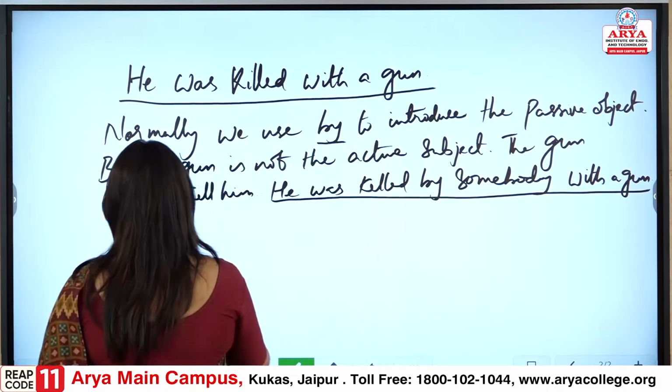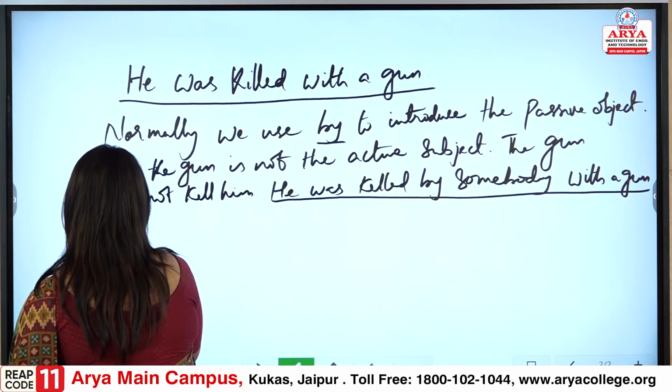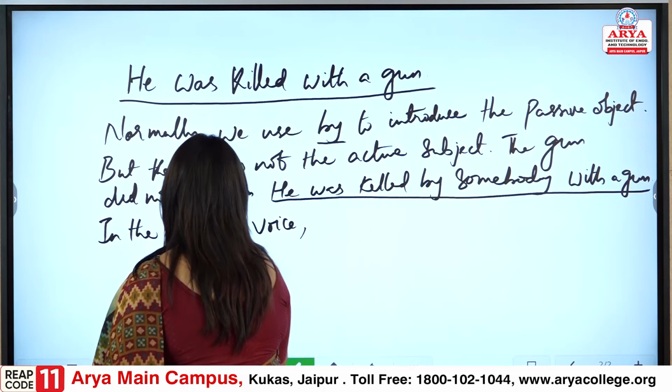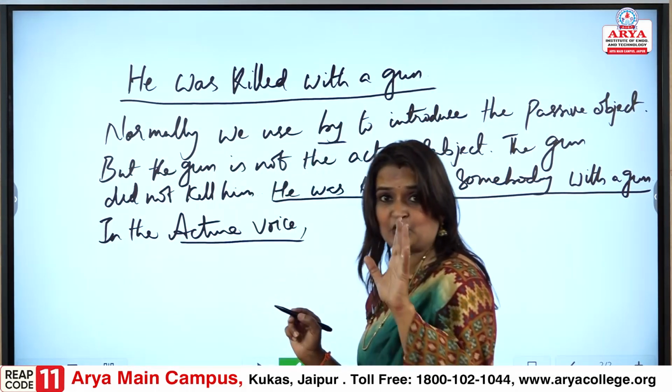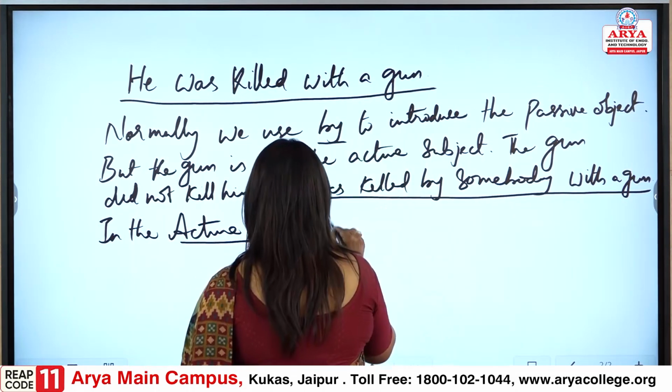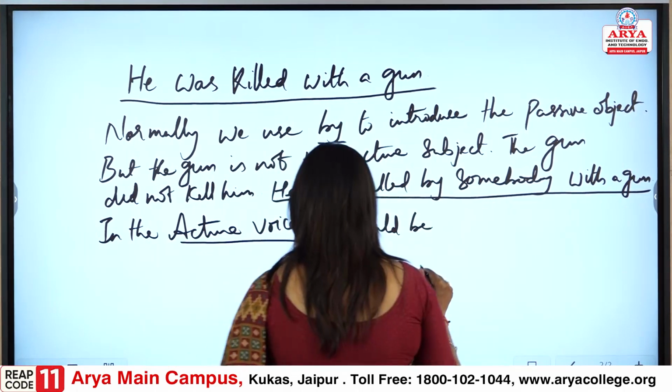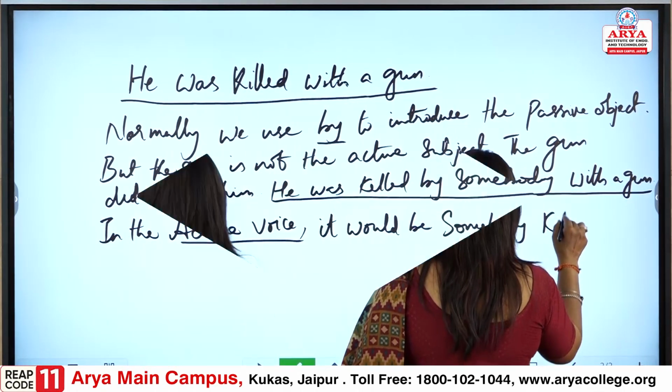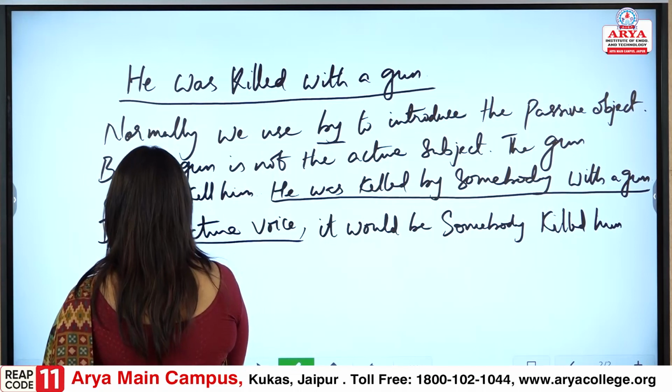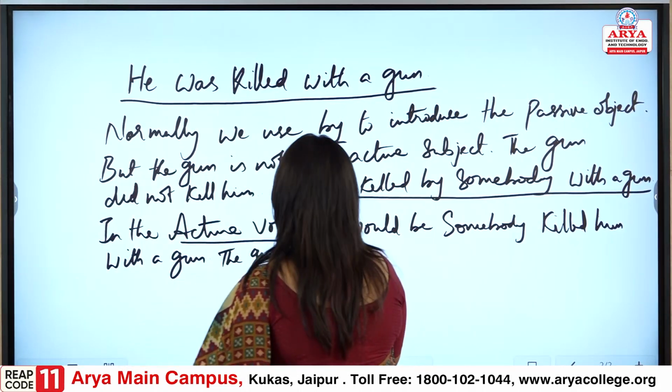Now, in the active voice, what we take care of is: somebody killed him with a gun. The gun is just the instrument.